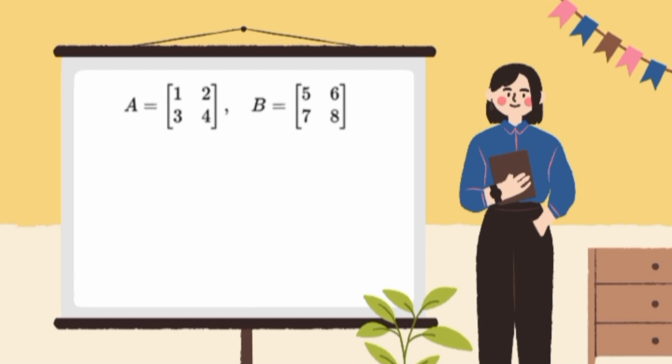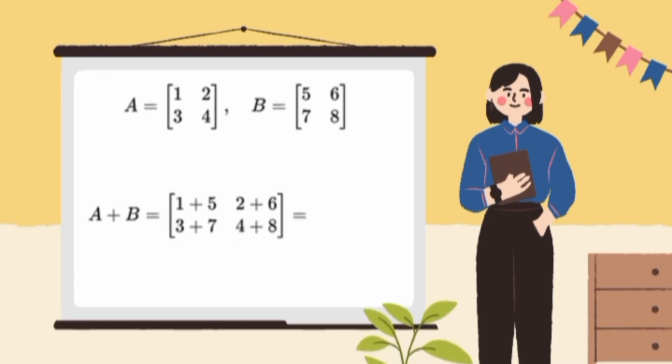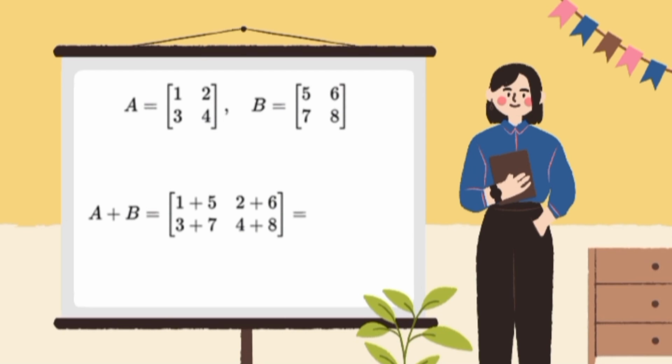To add matrices, we simply add the elements in the same position. So we add 1 plus 5, 2 plus 6, 3 plus 7, 4 plus 8. Therefore, the sum of the matrix A plus B is equal to 6, 8, 10, 12.